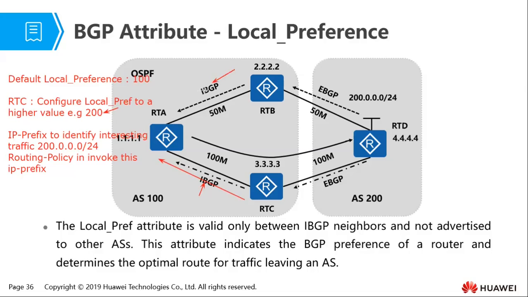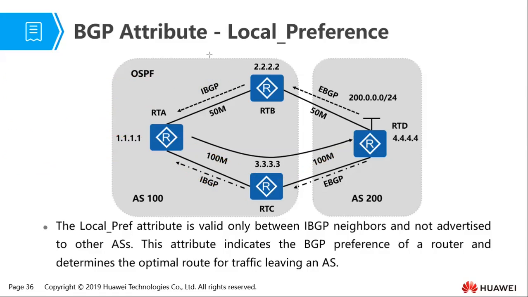When the other router advertises, the preference value will remain as the default 100. Therefore, RTA will choose RTC as the best next hop, and we'll always send traffic via RTC rather than RTB. So that is how the local preference is used to select the optimal path.